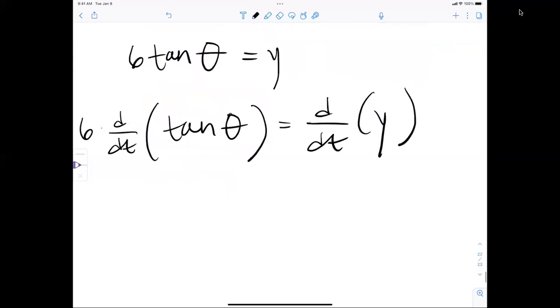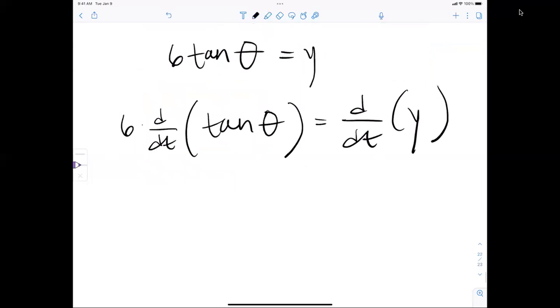To differentiate the tan theta, we're going to think of tangent as the outside function, right? We're thinking chain rule. Tan is the outside, theta is the inside. The 6 is just a constant. It's going to be hanging out there. So thinking derivative of the outside tangent, what's the derivative of tangent? Secant squared.